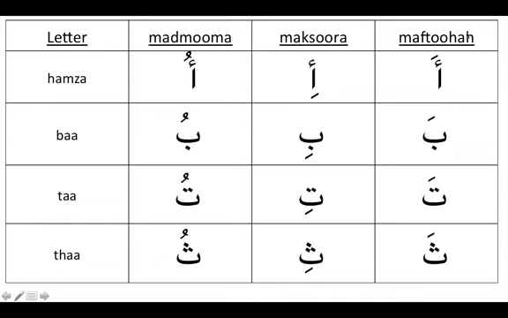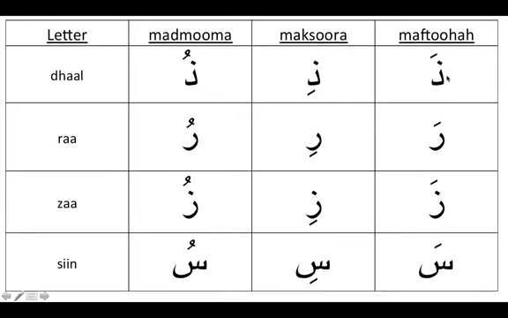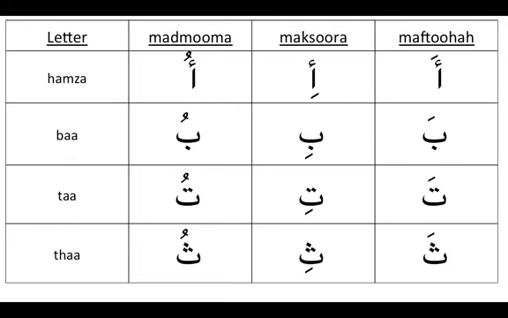And this is the maftuha column, which means all the letters in this column have the fatha on them. I'm going to go through all these one by one, in two methods. First I'll go row by row: the first row, the second row, the third, the fourth, all the way down to all 28 rows.